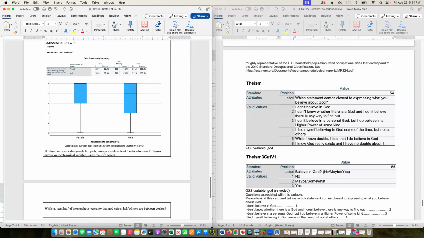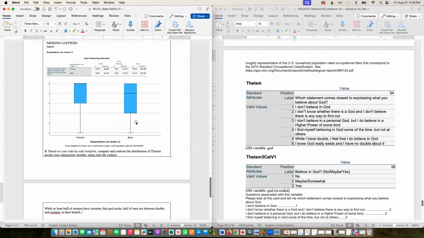So between doubts and certainty in their beliefs. We can also see the middle half here is between 4 and 6, and the middle half here is between 3 and 6, right? This skew is lower. So a quarter of men are between like 1 and 3, whereas a quarter of women are between 1 and 4, and then the next quarter are 4 to 6, and here the next quarter are like 3 to 5. So we can also see that this distribution is a little bit lower, right?